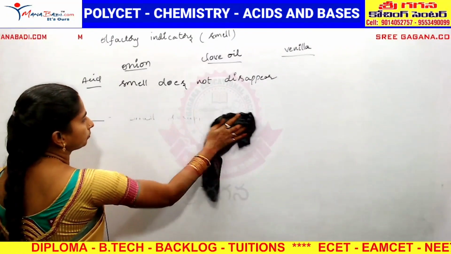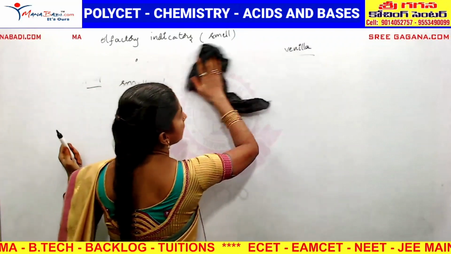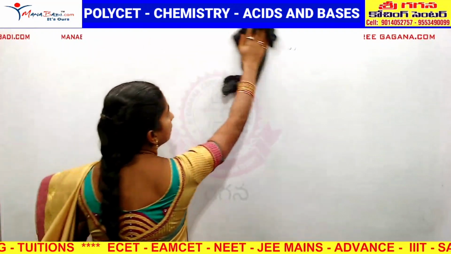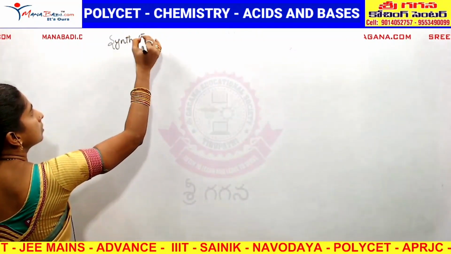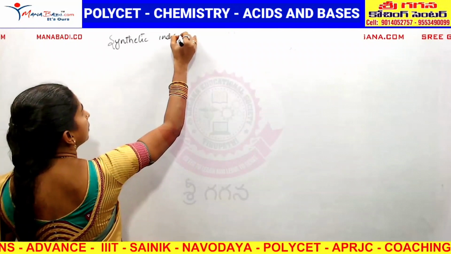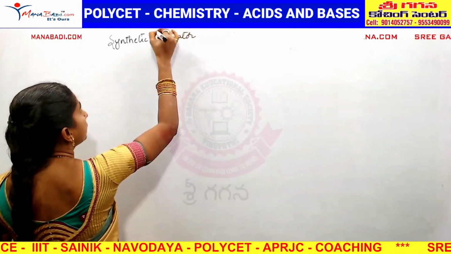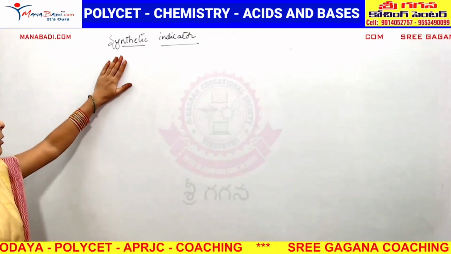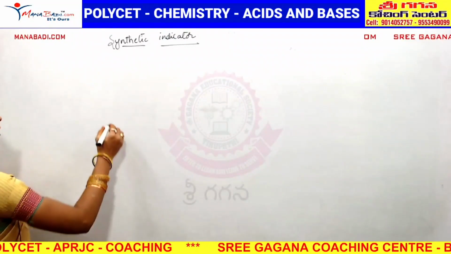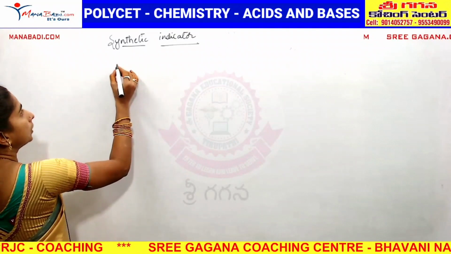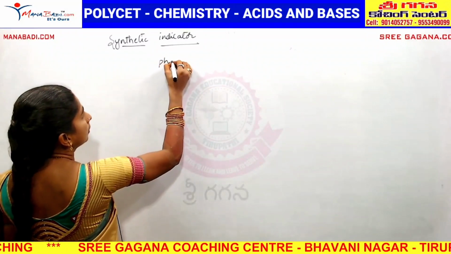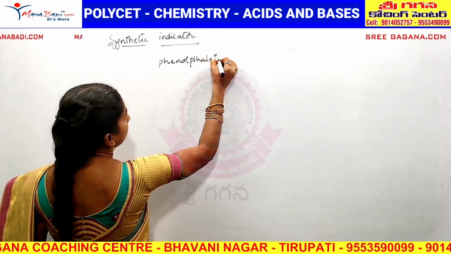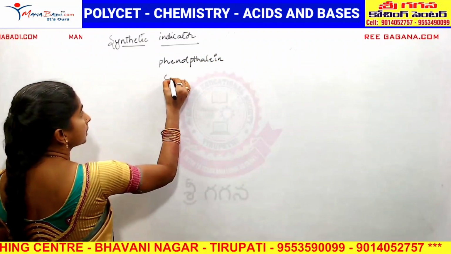After that, synthetic indicators. These are what we use and prepare in our laboratory. For that, one is phenolphthalein indicator, which is colorless.